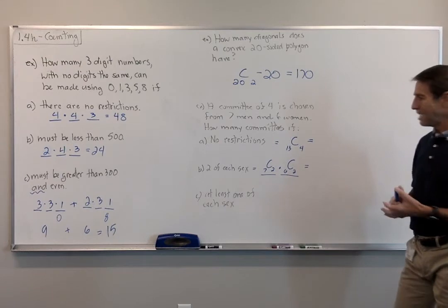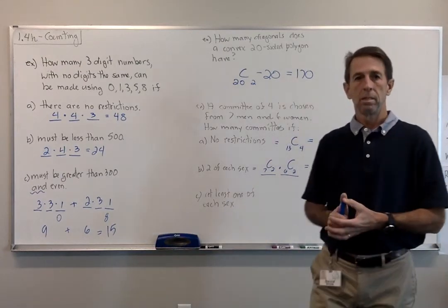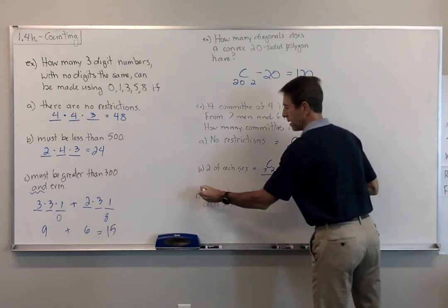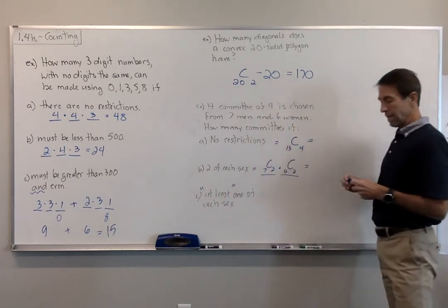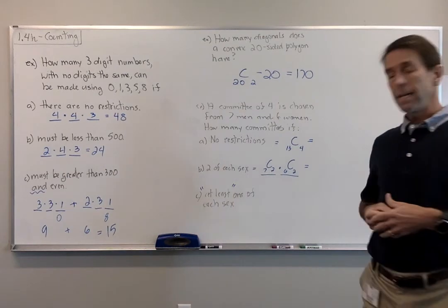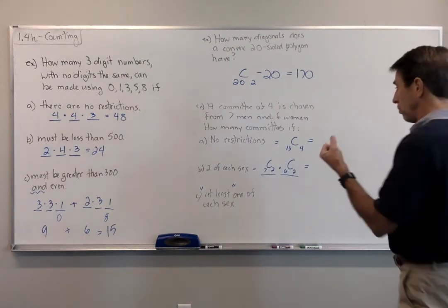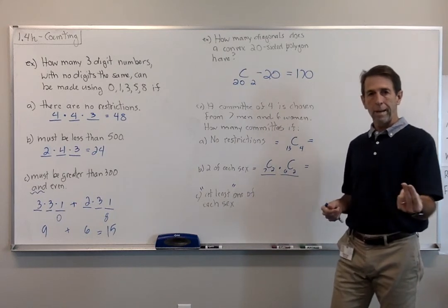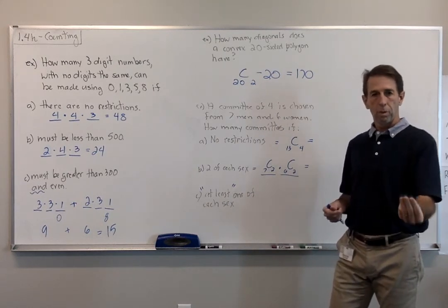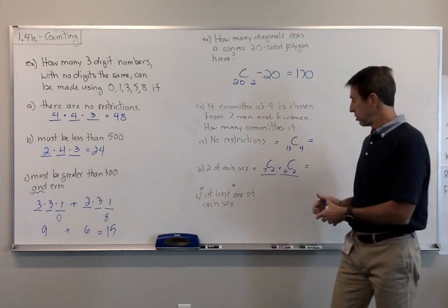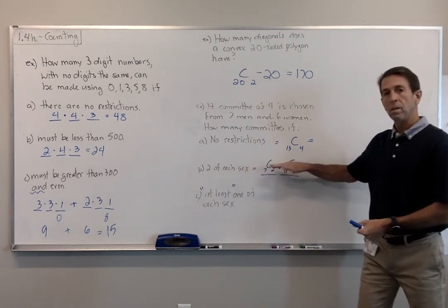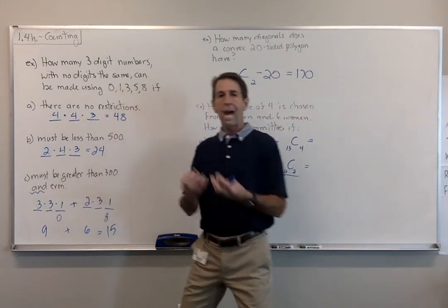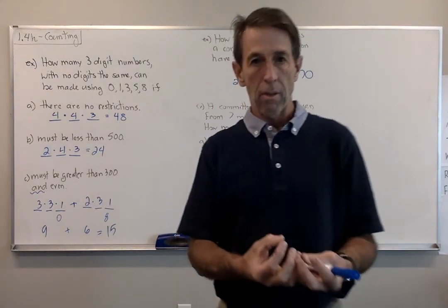Now the next one, at least 1 of each. Well, this is where you have to think about how you want to handle that phrase, at least. At least could be 1 man, 3 women; 2 men, 2 women; or 3 men, 1 woman. So we would have this situation 3 different times, and as we did back here, we would have to add those quantities together.